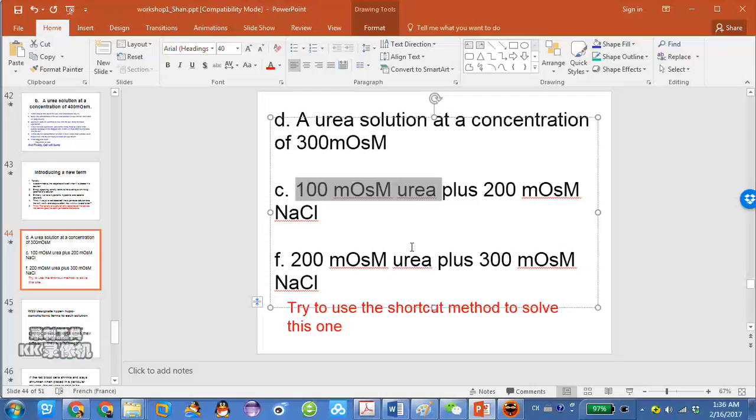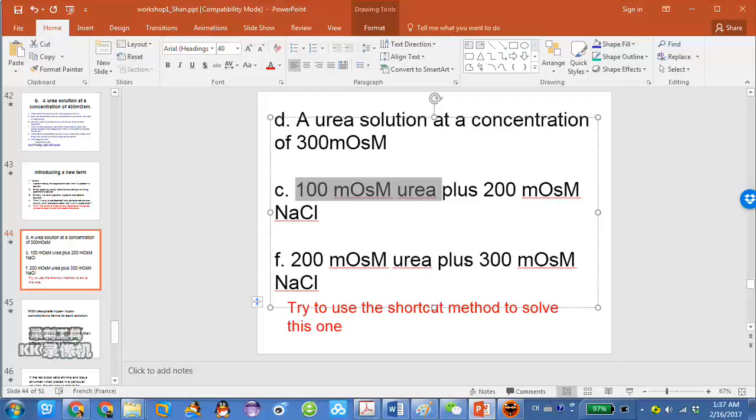The reason being that urea will have the same concentration inside and outside the cell at the ending point. So when we make the judgment of cell volume change at the end of the scenario, we can ignore urea.